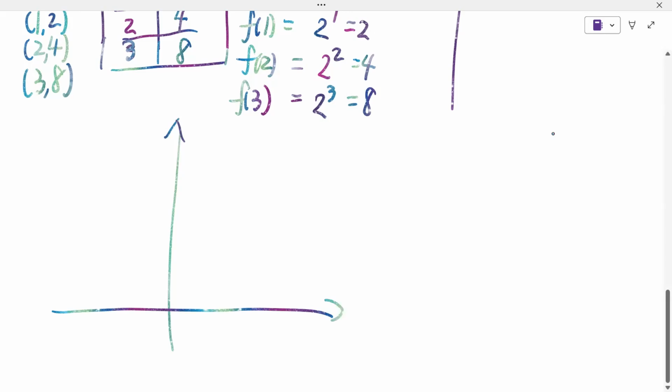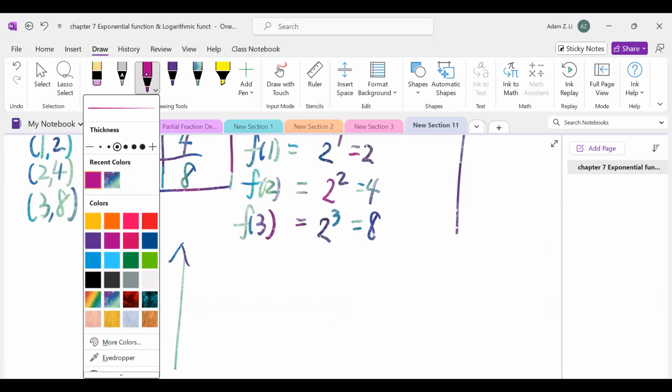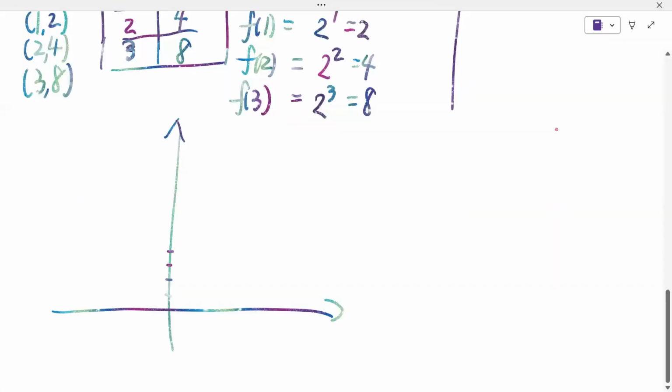So we need 8 units here. So 1, 2, 3, 4. And I'll change the color. Five, 6, 7, 8. But that's the maximum we need.